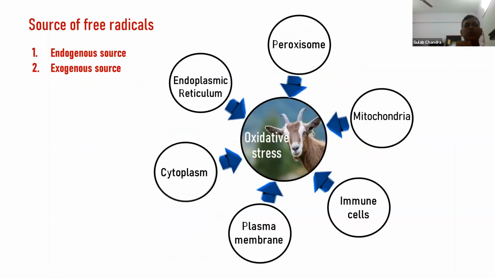There are two sources of free radical formation. The first one is endogenous sources, and the second one is exogenous sources. These are the endogenous sources: peroxisomes, mitochondria, immune cells, that is neutrophils and macrophages, plasma membrane, cytoplasm, and endoplasmic reticulum, all of which are responsible for the production of reactive oxygen species.